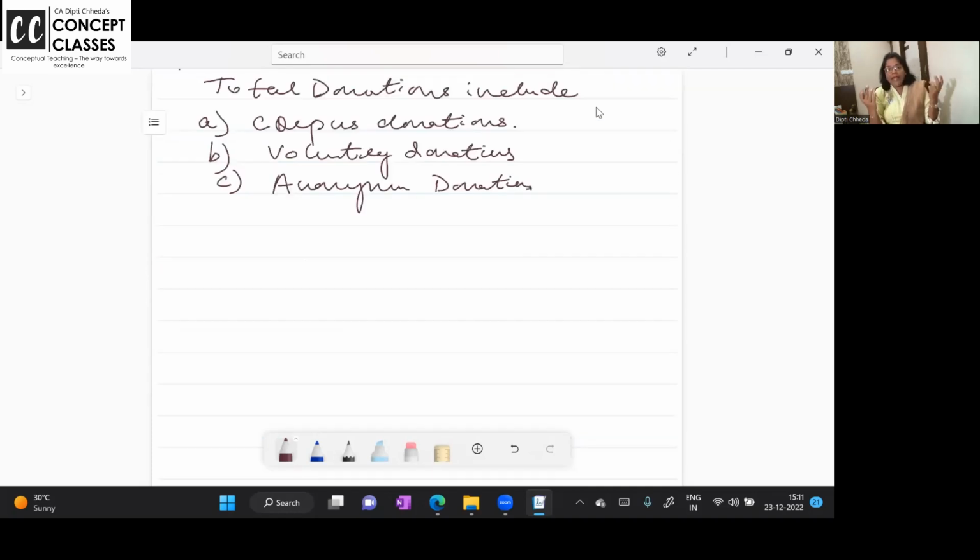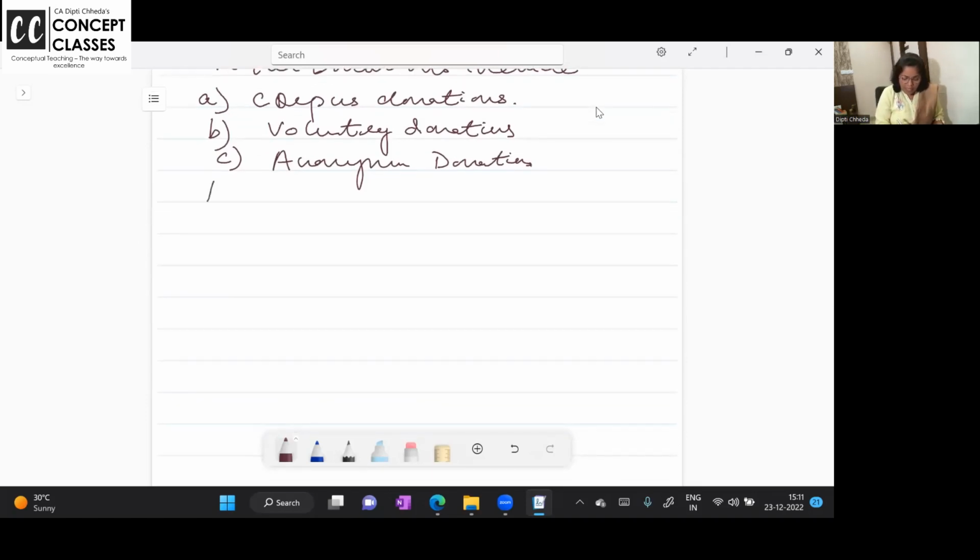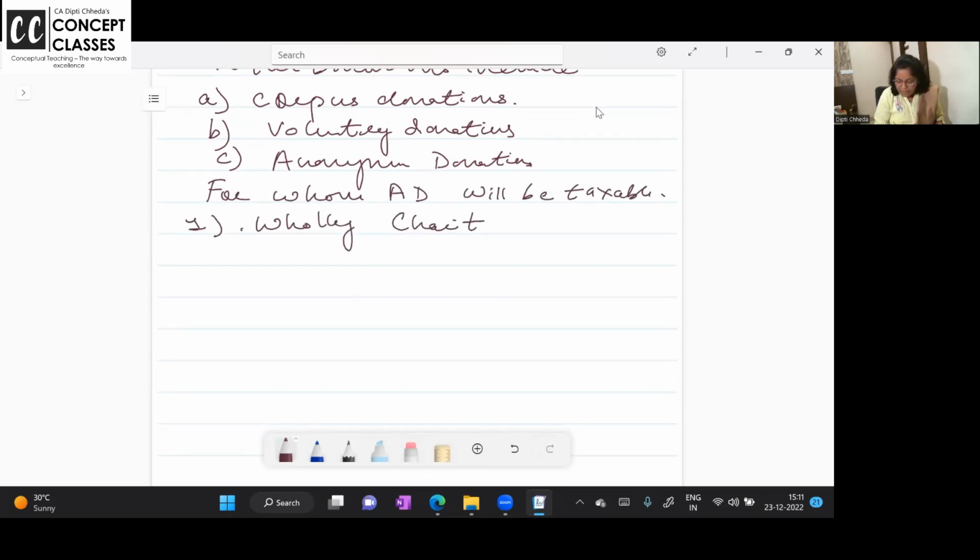Now, where will anonymous donations be taxable? I am answering the question, for whom anonymous donations will be taxable. Number one, wholly charitable trust.